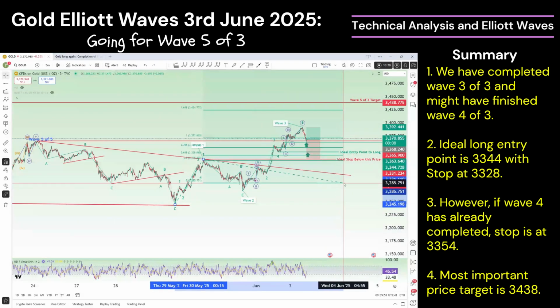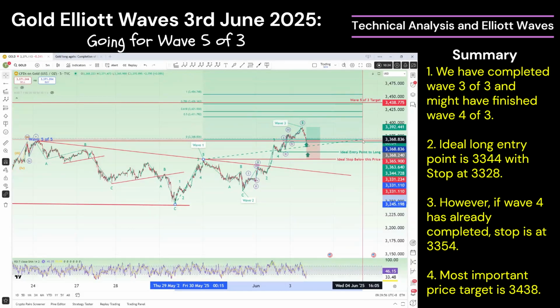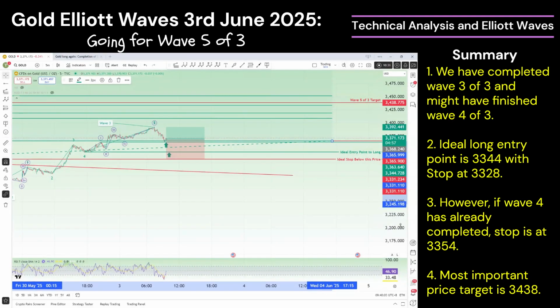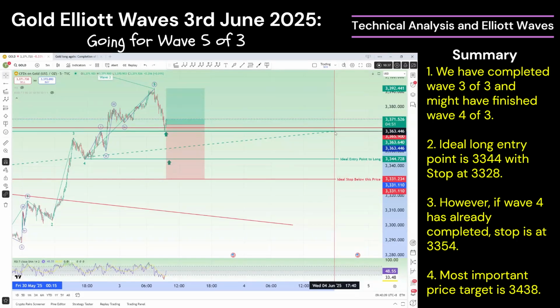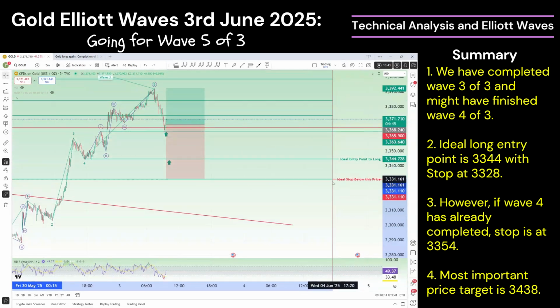Let's see whether this is still valid, right? If this is our entry point, right, this is where we have our last, this is where the support was, right? So we put this support down here. Okay, I guess it's fine.